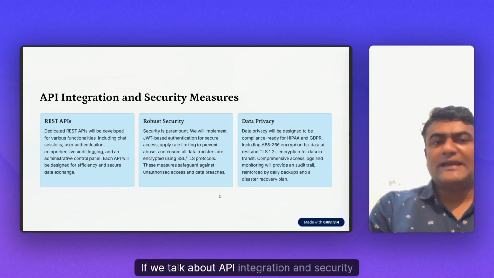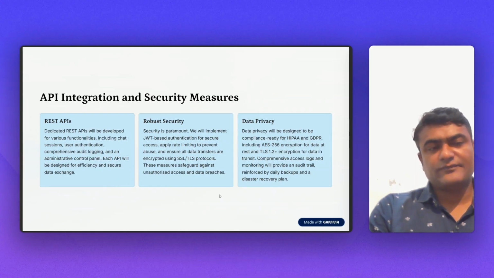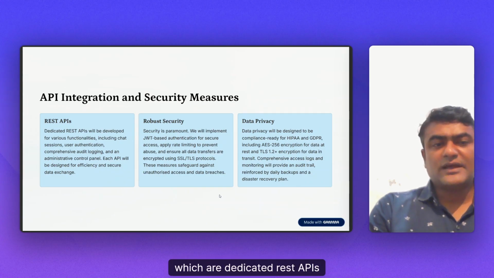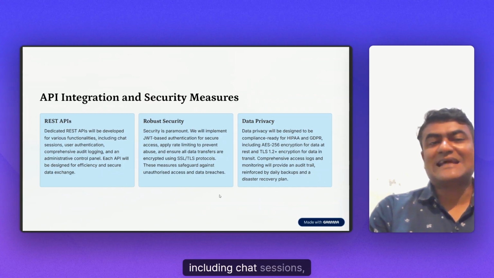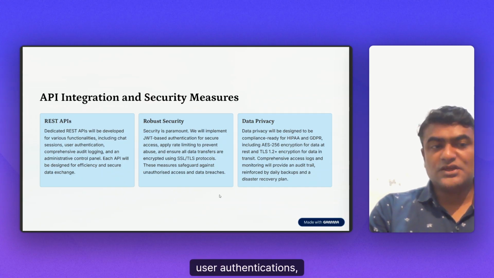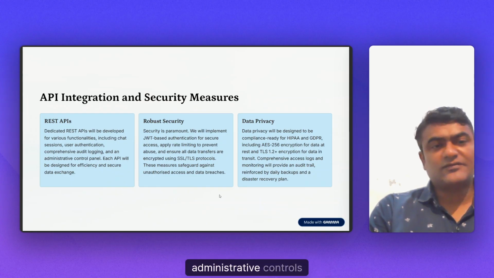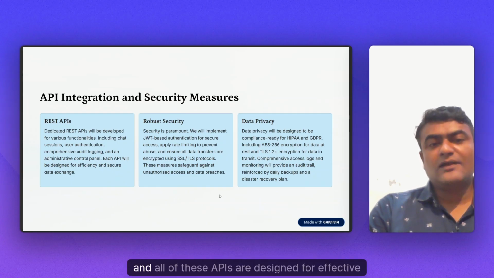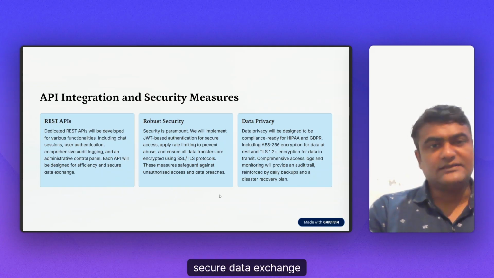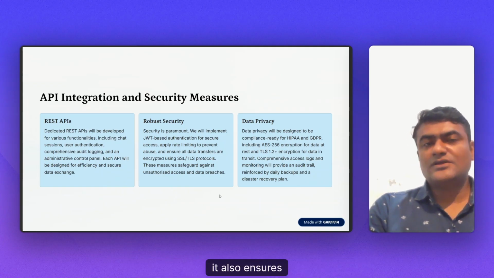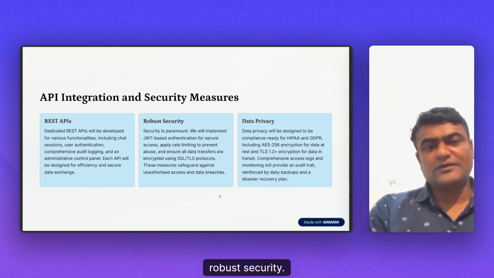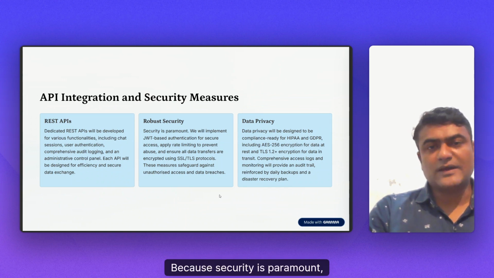If we talk about API integration and security measures, we use dedicated REST APIs for the development of various functionalities, including chat sessions, user authentication, comprehensive audit logging, and administrative controls. All of these APIs are designed for effective, secure data exchange. It also ensures robust security, because security is paramount.